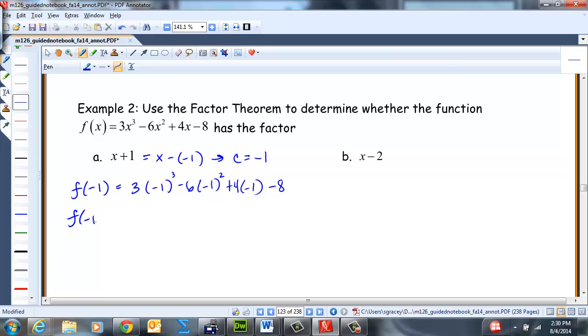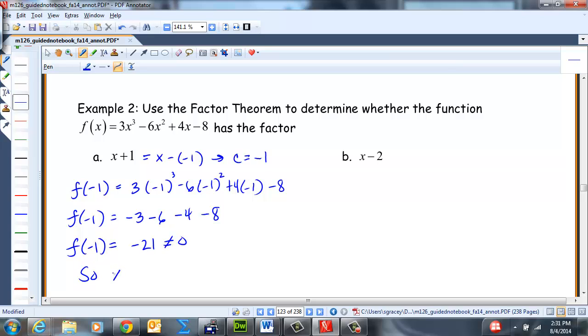So f at negative 1 will be negative 3 minus 6 minus 4 minus 8. So f at negative 1 is negative, what, 21? Does that look right? And negative 21 is not equal to 0.